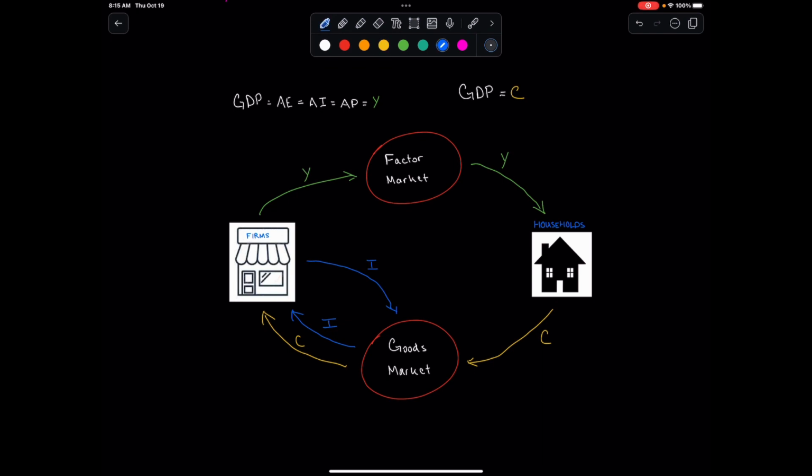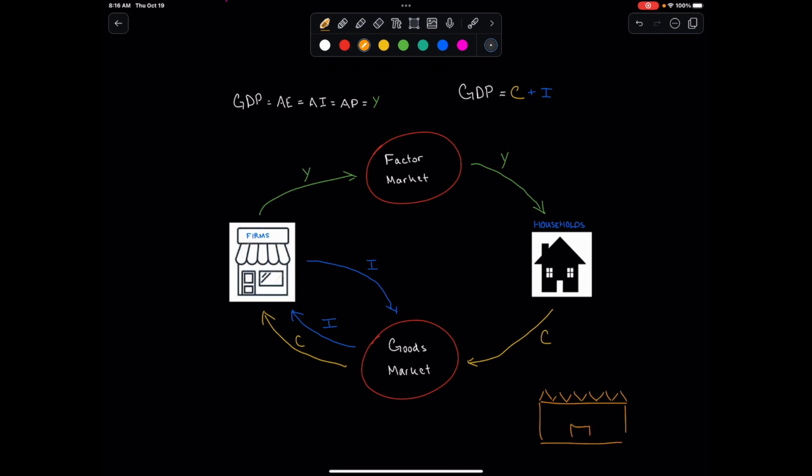But now we're also considering investment. Investment is another thing that is going to contribute to the cycle of money within this GDP cycle. Great. Another thing to keep in mind is the government. We're going to draw the government down here, which is going to be a spiky building. This is Parliament Hall.